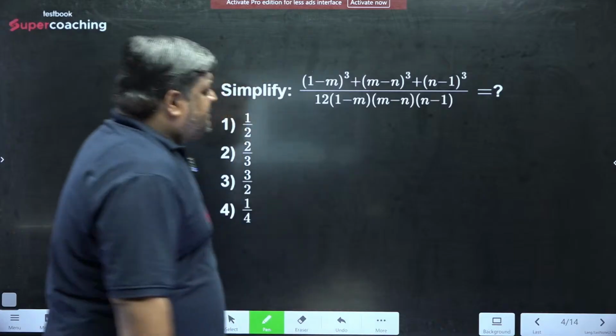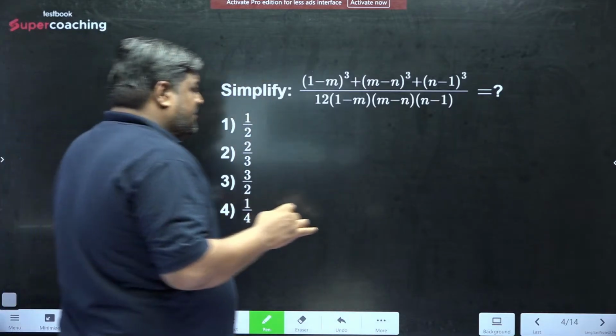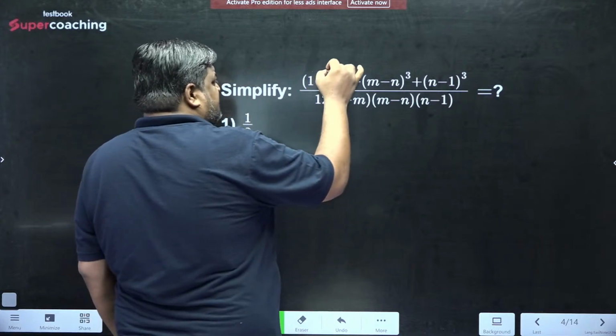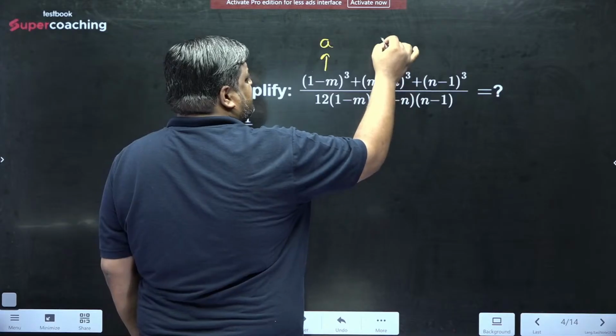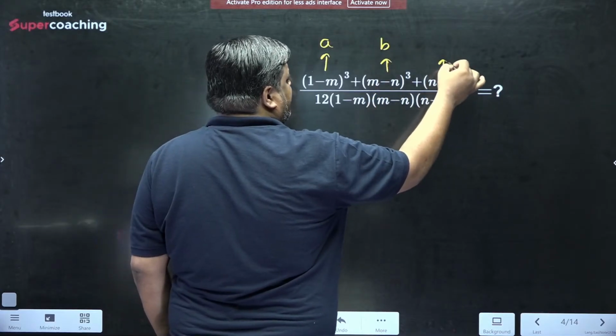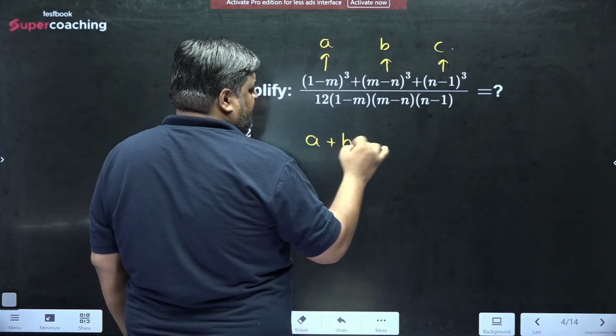Now, for this question you need to be aware of an algebraic expression. If I assume 1 minus m to be a, m minus n to be b, and n minus 1 to be c, what is a plus b plus c?